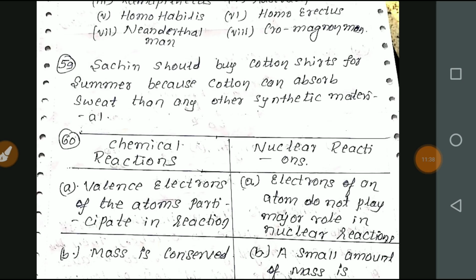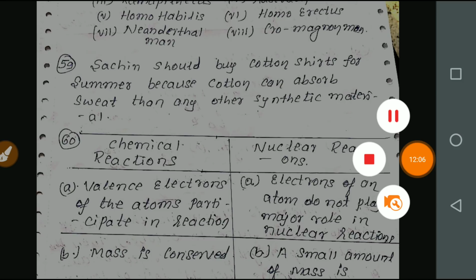Here Sachin should buy cotton shirts for summer because cotton can absorb sweat better than any other synthetic material. Therefore, we have to prefer cotton shirts for the summer season, not synthetic materials. Next question.